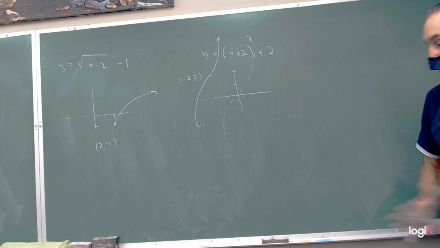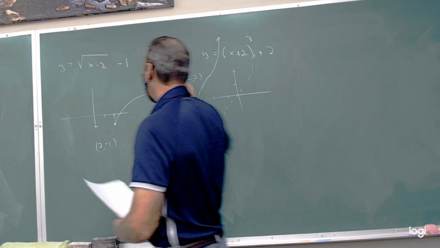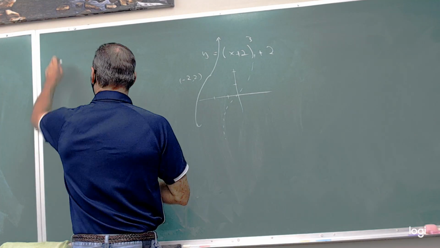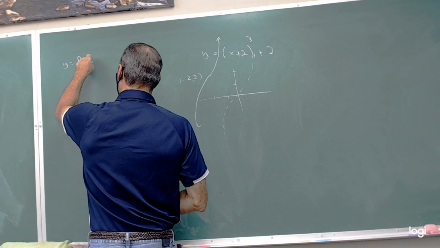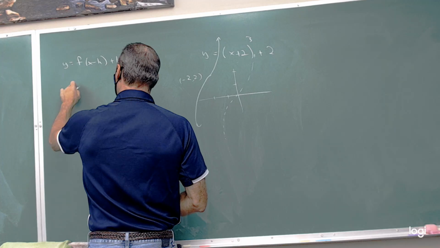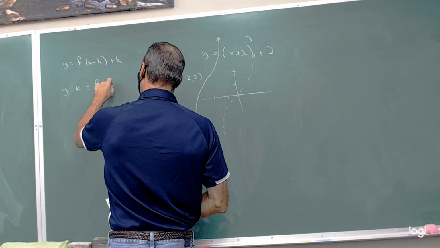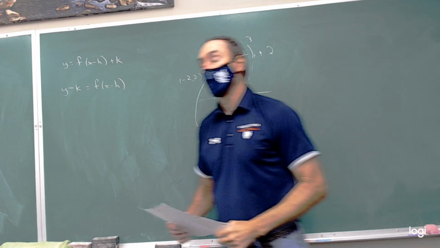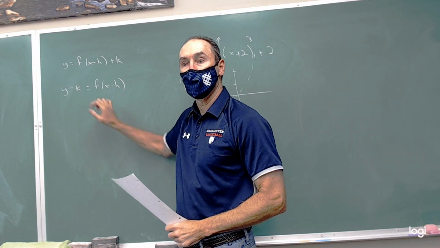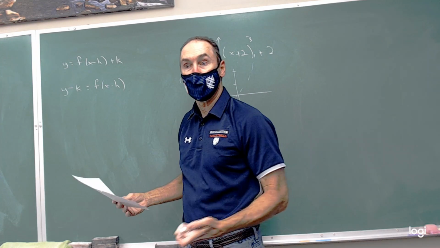Okay, so formally we say that y equals f of x minus h plus k, or sometimes it's written y minus k equals f of x minus h. Either of those. This adding and subtracting of things in there is going to be a translation.